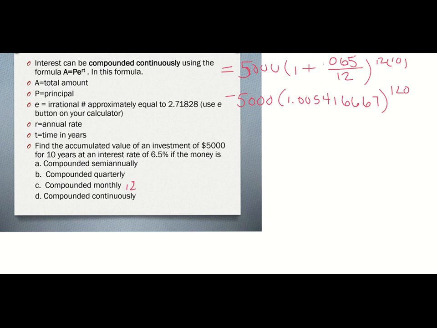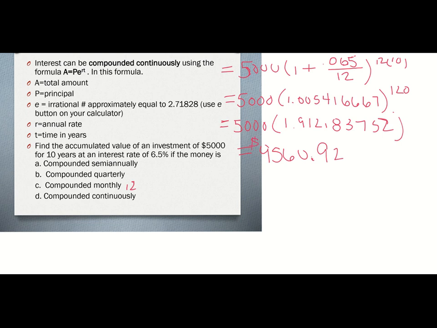So that will give me 5,000 times 1.912183752. And I'm going to multiply that times 5,000. And I end up with $9,560, and it's 0.918, so it'll be 92 cents.